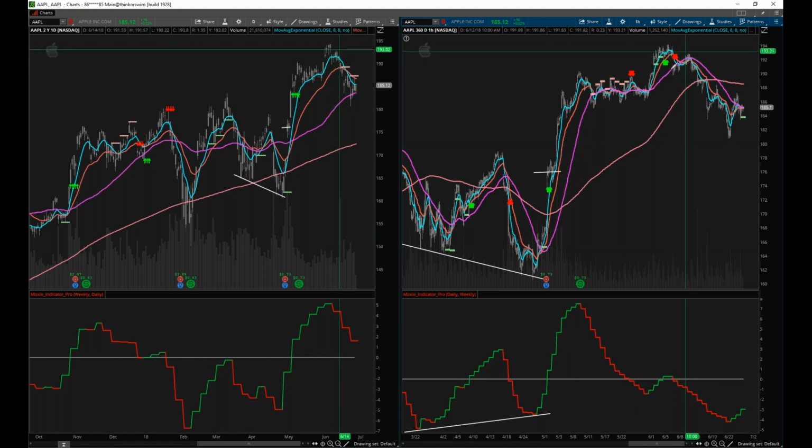Look at this. It got trapped by the hourly 50, and we knew that it wasn't going to be able to get back over the hourly 50 because the indicator was red and below 0, meaning the momentum was negative. The 50 turned into a ceiling, and price is now falling down under the hourly 50. Now it is coming into support of the daily 50, so we'll kind of have to see what that does in the future.